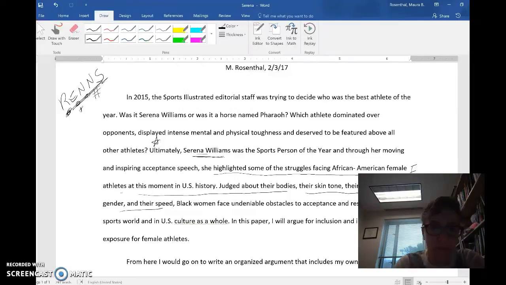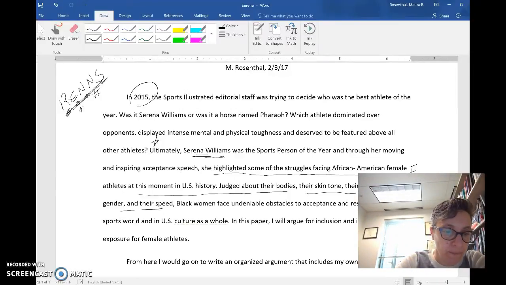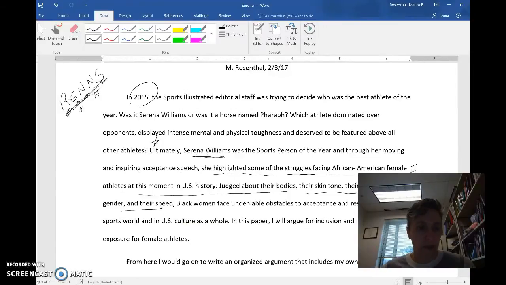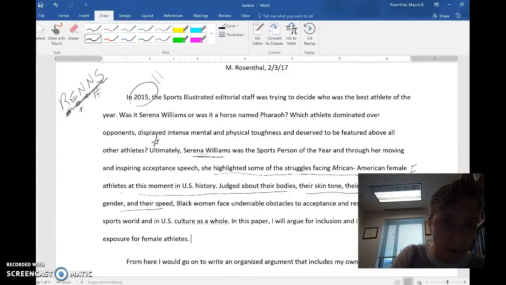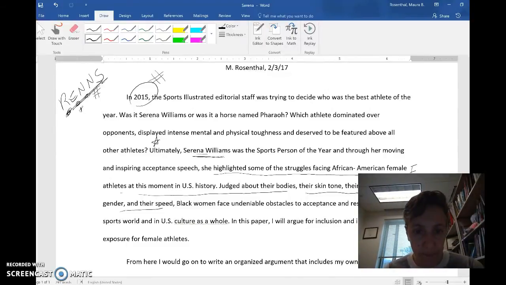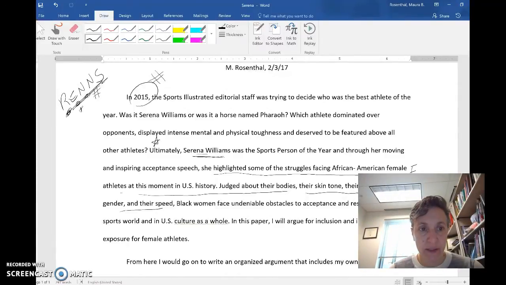So I might put E there. I might note that I wrote a number of the year here as well. So that's just one example of how you might look at one paragraph and the Renns test.